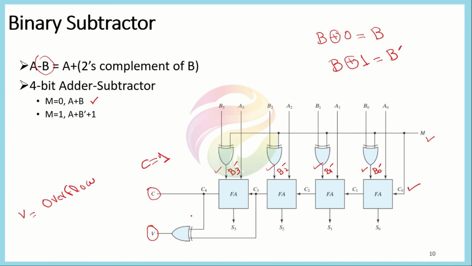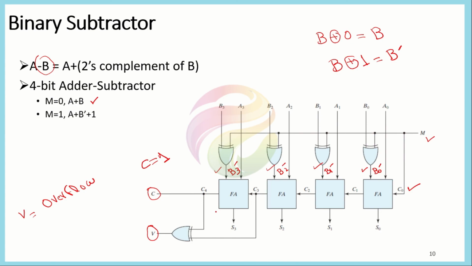But for the signed case, it is a little bit different, because we use the extra bit to represent the sign, and we also include that bit in the whole addition and subtraction process.